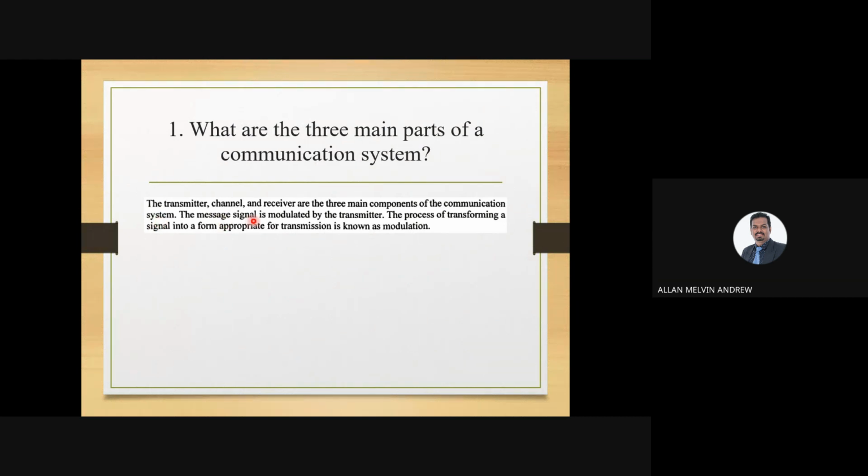The message signal is modulated by the transmitter. The transmitter will have all the circuits to modulate. Modulate means to package the message signal. I have told you before: if you want to go from Kangar to Kuala Lumpur, you can walk, but it will take a very long time.